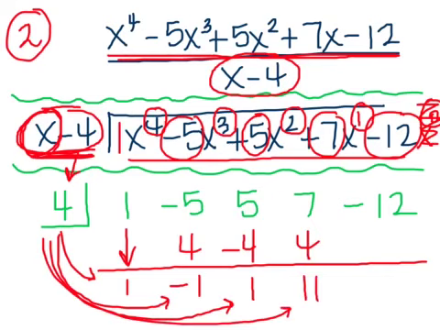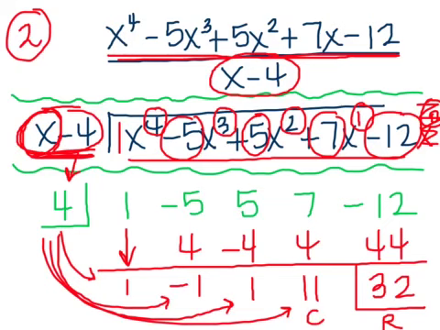And 4 times +11 is 44, and add down. Remember, this guy then is the remainder, and then you've got your constant, your x to the 1st power, your x to the 2nd power, and your x to the 3rd power.